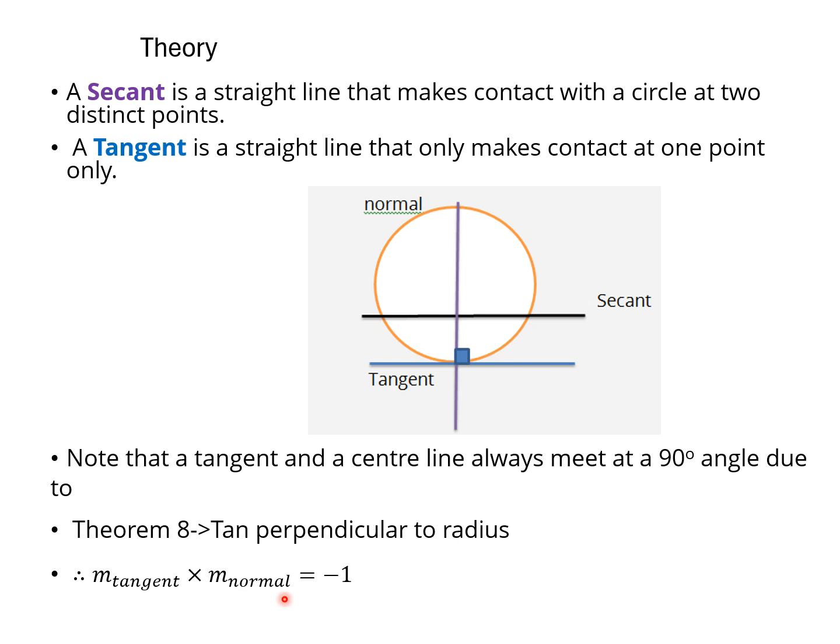This is what we're going to use to solve the problem. Most of these problems start by finding the gradient of a radius, and from there we can find the gradient of the tangent, and then we find the equation of that straight line, which is y equals mx plus c. So that's the theory. Let's look at the problems.